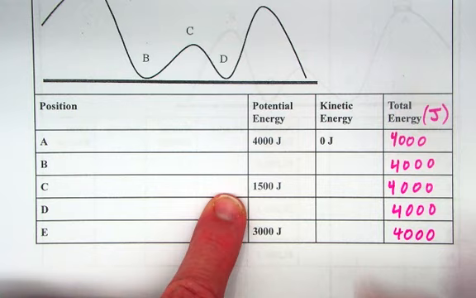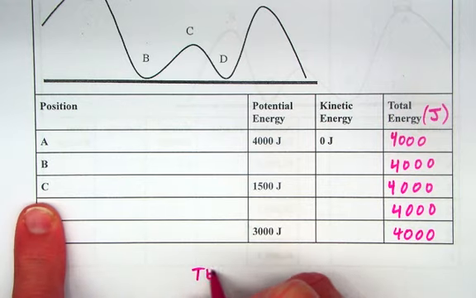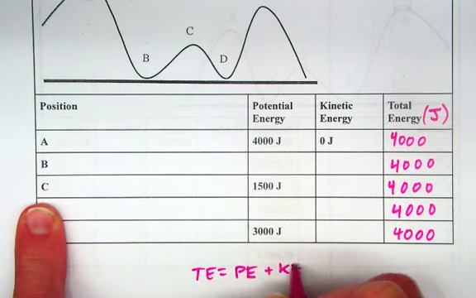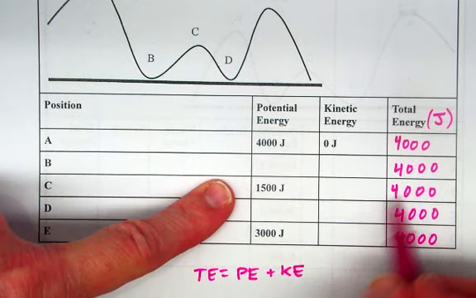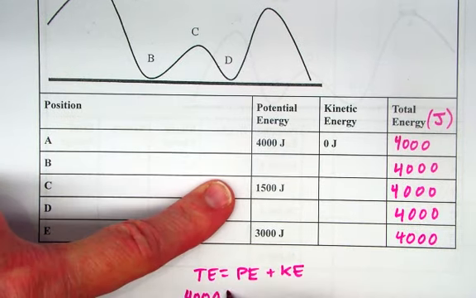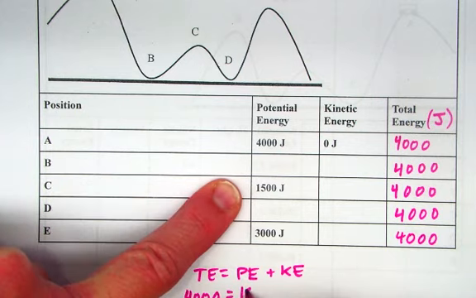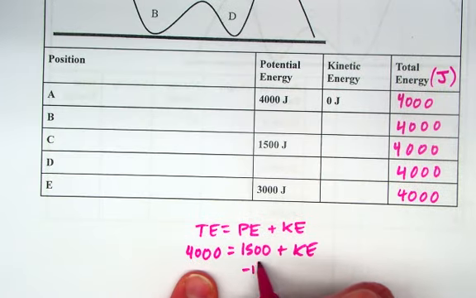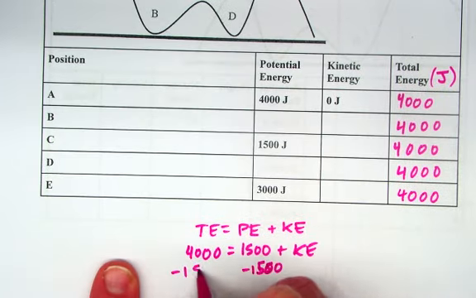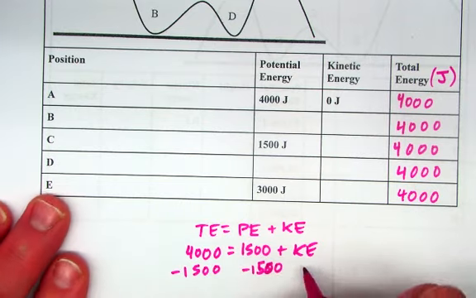If total energy is potential plus kinetic, then for position C, I know my total energy is 4,000 and my potential is 1,500. So all I have to do is subtract 1,500 from both sides of my equation, and that will tell me how much kinetic I have.